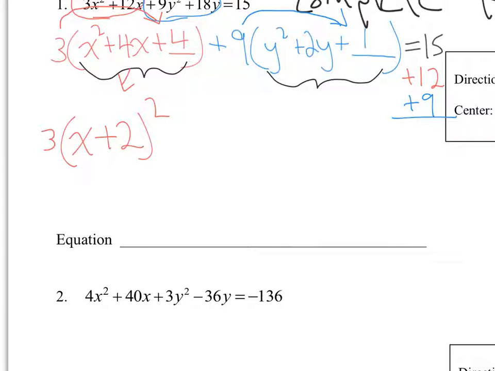Then plus, I'm going to keep the 9 in front. And this perfect square trinomial, y squared plus 2y plus 1, gives us y plus 1 squared. And that is going to equal, well, what is 15 plus 12 plus 9? That would be 36.